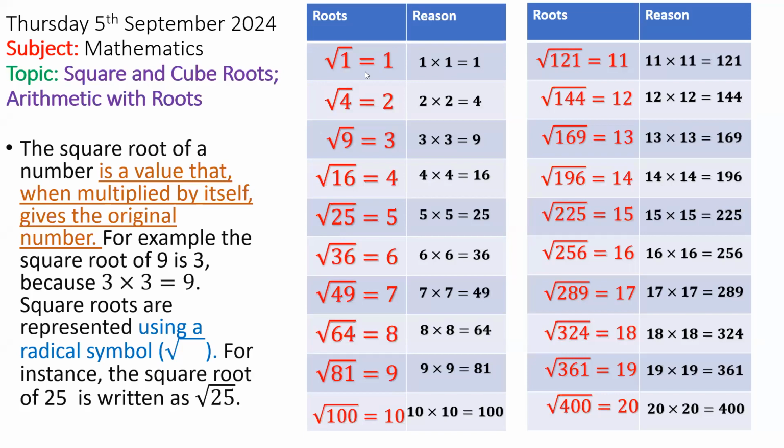Mila, what's the square root of 324? 18. 18, good. And Paul, what's the square root of 100? 10. 10, very good. And Samantha, what's the square root of 25? 5. And Tegan, what's the square root of 16?